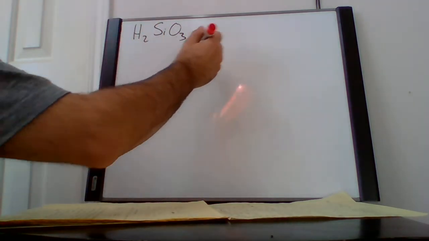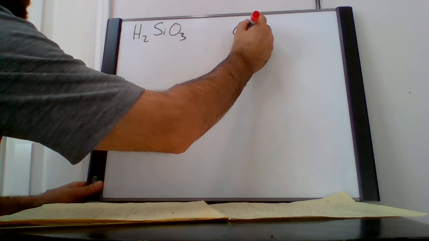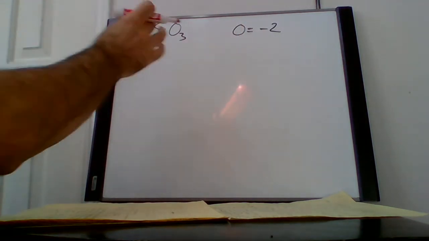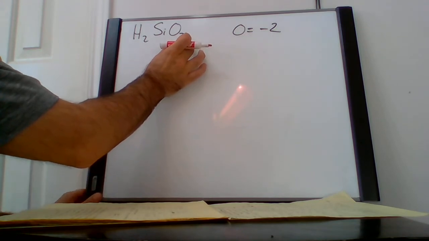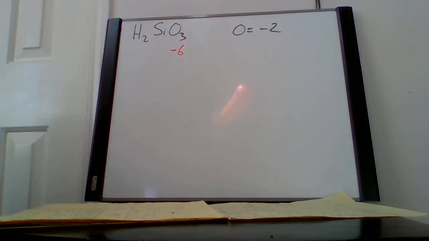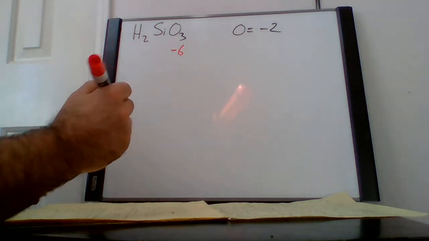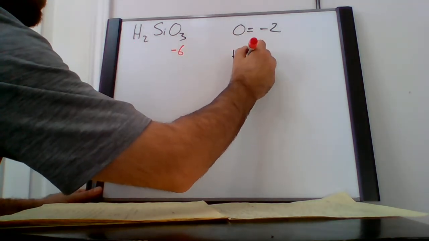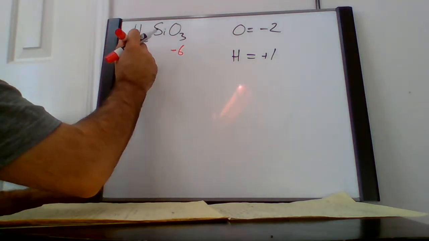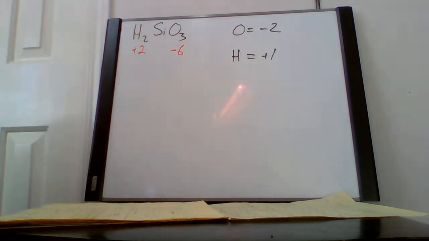We said that oxygen is a -2. Since I have 3 of those, my oxygen here is a -6. My hydrogen equals a +1, and I have 2 of those, so that gives me a +2.